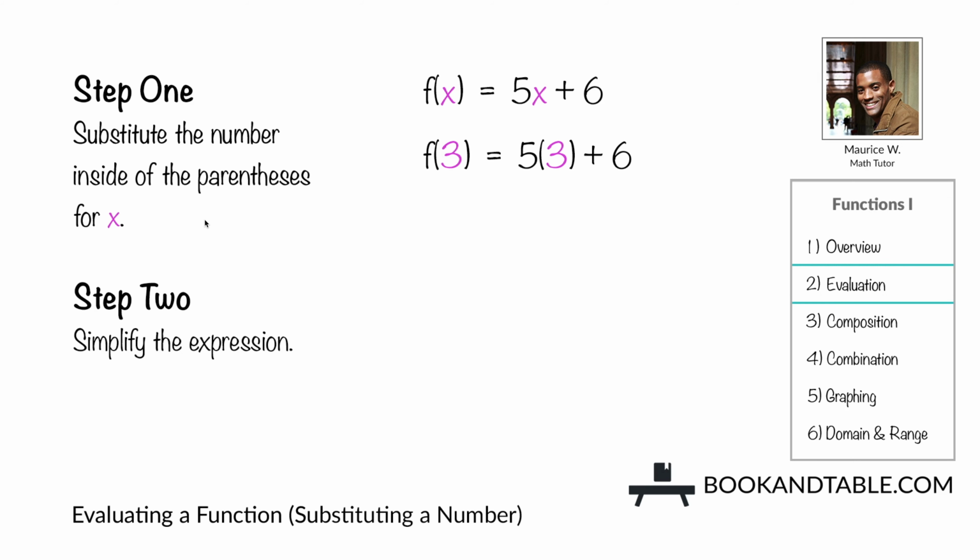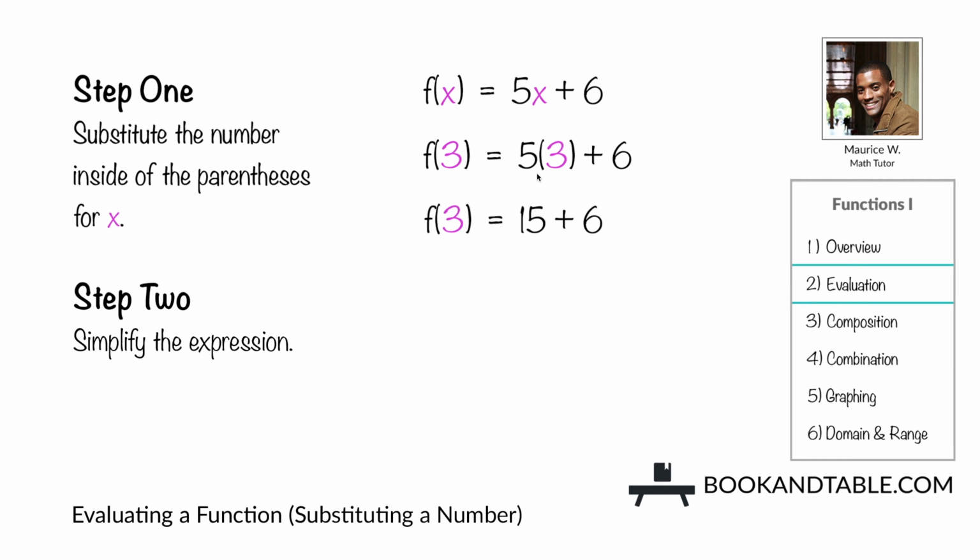So if we're evaluating a function substituting a number, the first step is to substitute the number inside of the parentheses for x. So we were given f of x is equal to 5x plus 6. So we want to substitute the number inside of the parentheses, which would be 3, in for x. When we do so, that gives us 5 times 3 plus 6. And now, step 2, we want to simplify the expression.